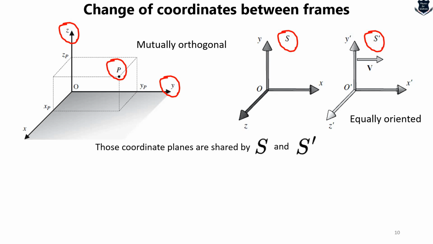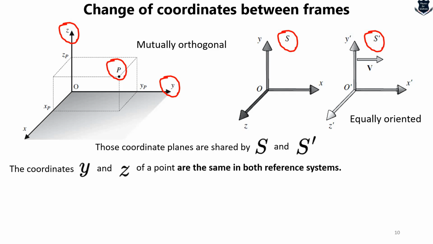So these coordinate planes are shared by S and S prime. This property, together with the invariance of the distance, implies that the coordinates y and z from the earlier figure are the same in both frames of reference, obviously.